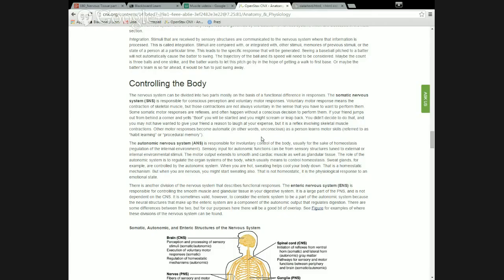The autonomic side is really how we regulate homeostatic mechanisms. Now, it's not the only way that we regulate homeostatic mechanisms, but anything with the nervous system that has to do with controlling cardiac muscle, smooth muscle, or glandular tissue is autonomic function. So regulating heartbeat or digestive function, or controlling your bladder.